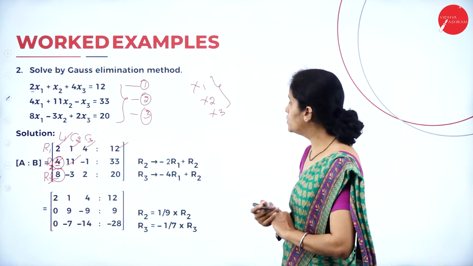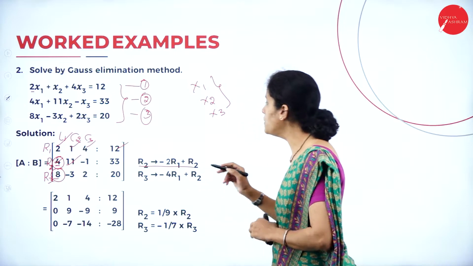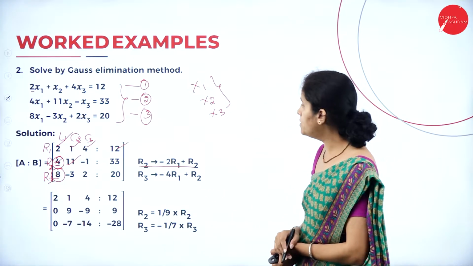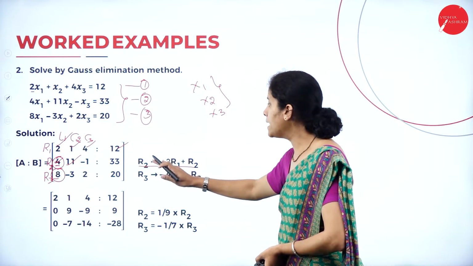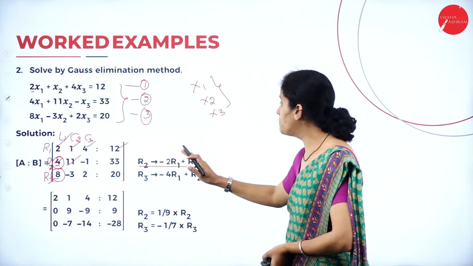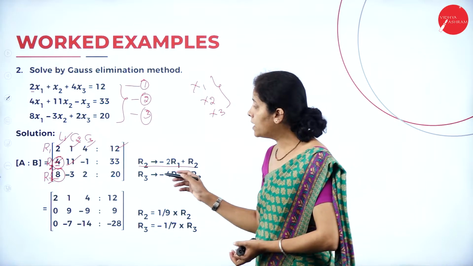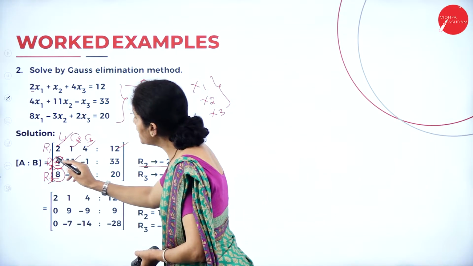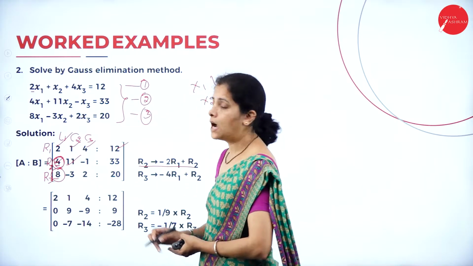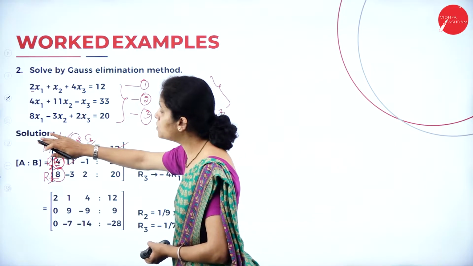So I'm going to write the formula, that is R2 equal to minus 2R1 plus R2. Why is it minus 2R1? That means to make this element 0, I'm going to consider my first row.